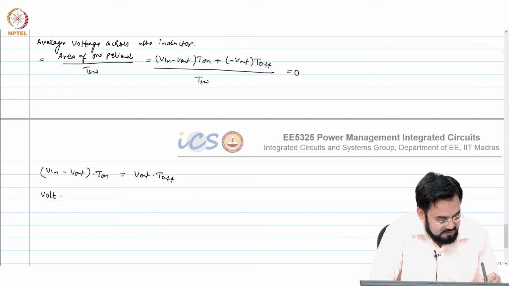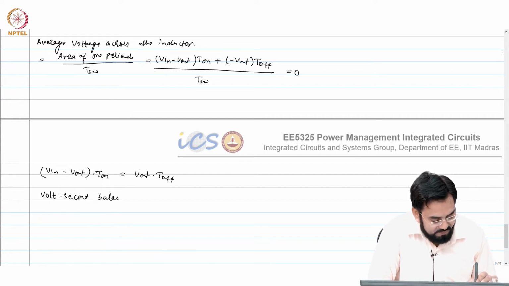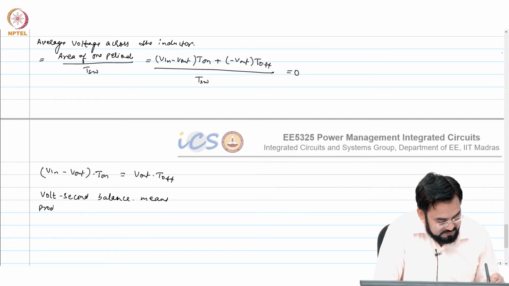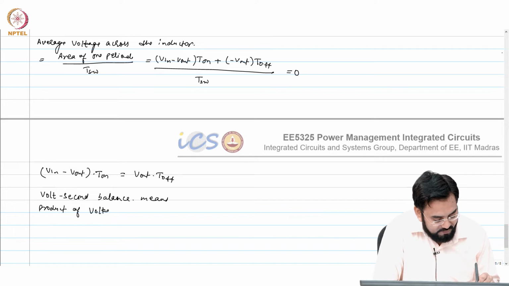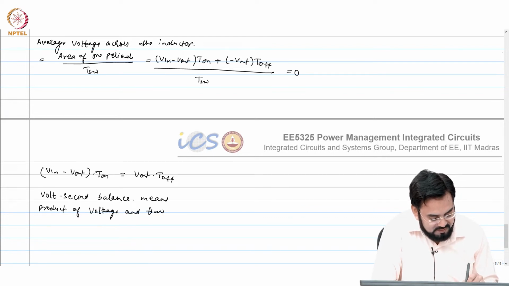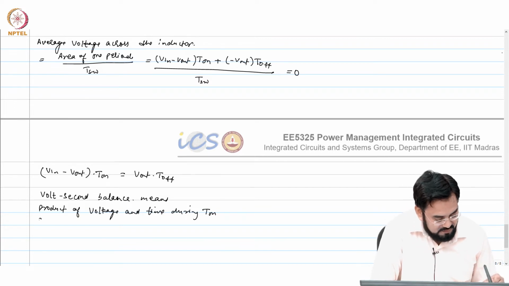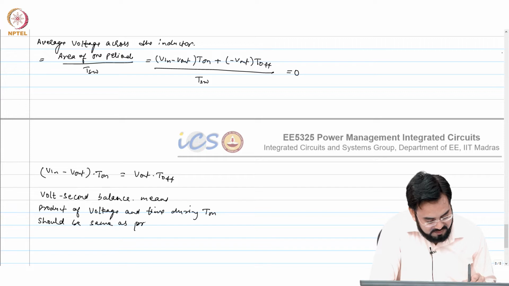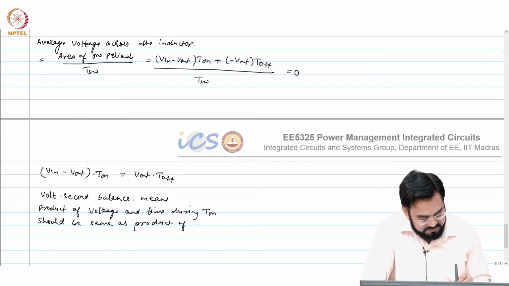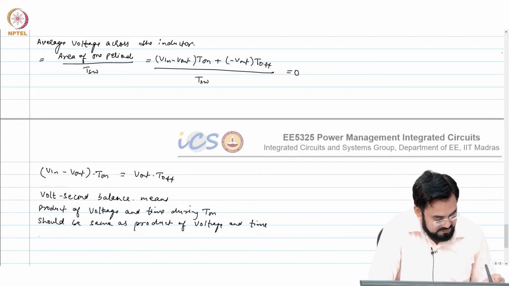Volt second balance means product of voltage and time during T on should be same as product of voltage and time during T off.